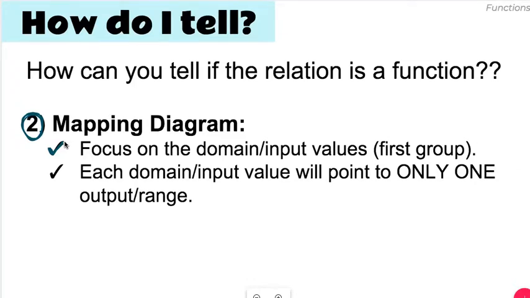Okay, the first x coordinate, the inputs. So focus on the inputs. Each domain or input will point to only one output. This is our way of seeing if there are any repeating inputs or x values. So each domain will point to only one output.